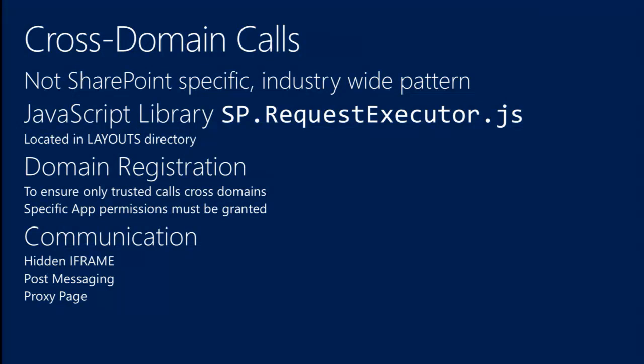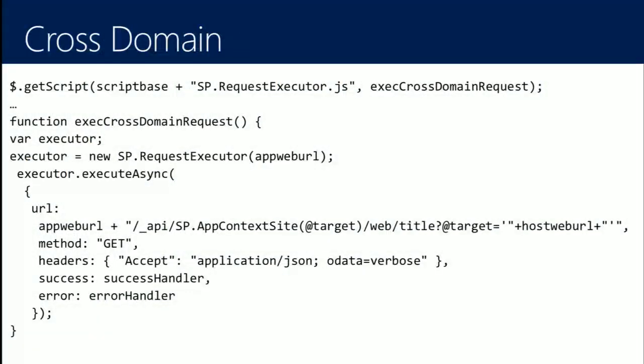There are some good examples of how you query list information from a remote JavaScript library. It's not using anything SharePoint specific. We took an industry pattern and just wrapped it into a library. So here's the call for that. We use underscore API, and you'll notice the SP app context, the app context site, the target site, and then the property that we're going after for that call.